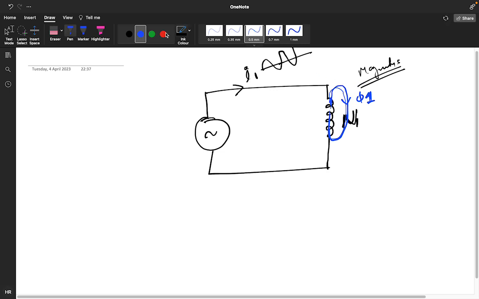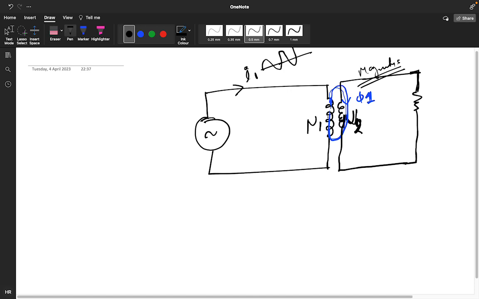And suppose we have a coil nearer to this. This is my N1 turns, and this particular one is my N2 turns. And suppose this is a closed circuit.